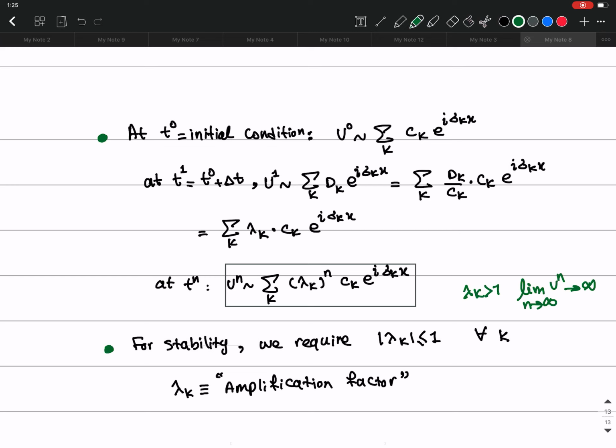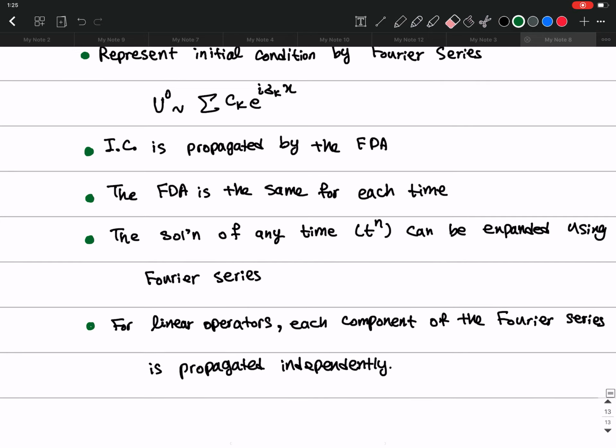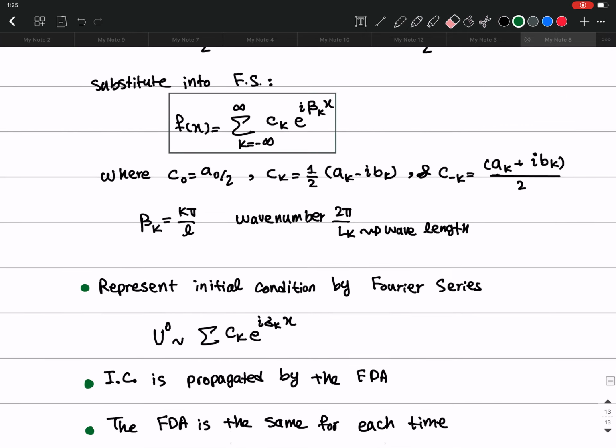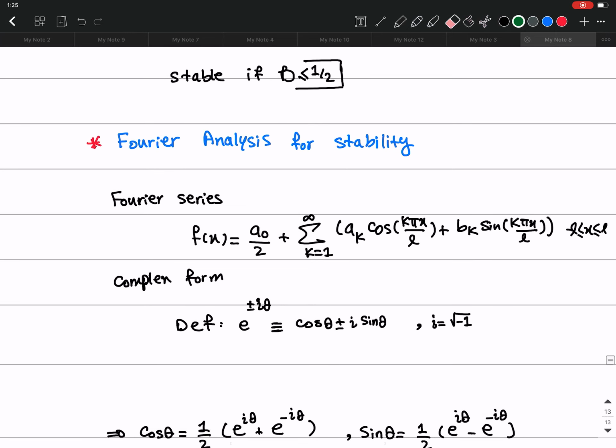Because it is lambda k to the power n, and lambda k is greater than 1, so it becomes infinity. So the stability criterion says lambda k should be smaller than or equal to 1. And this is how we are going to investigate the stability of finite difference approximation using this Fourier analysis theory.